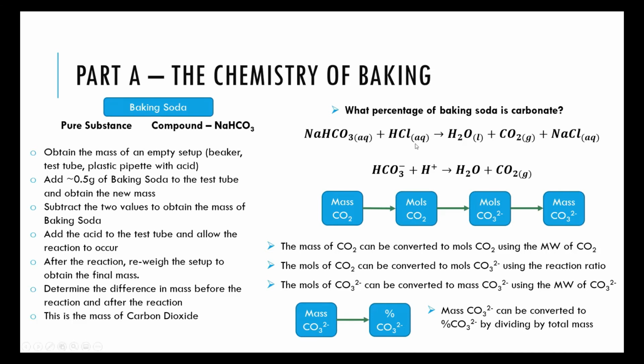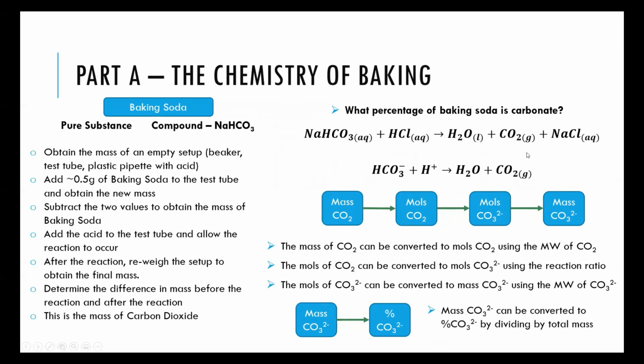So you have the balanced chemical equation, and once you obtain the mass of carbon dioxide, you're going to be converting that into moles of carbon dioxide, going from grams into moles using the molecular weight of carbon dioxide. You can then convert moles of carbon dioxide into the moles of carbonate, looking at the balanced chemical equation.